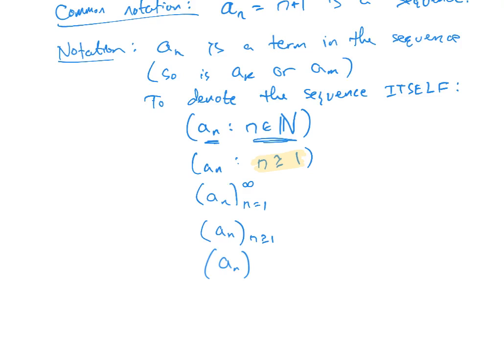I don't really care what you do, as long as your notation for a sequence is different than your notation of a term in the sequence. What all these notations have in common is those parentheses. That's the important part. As long as you get those parentheses in there, we're clear that you're not talking about a term in the sequence, you're talking about the sequence itself.